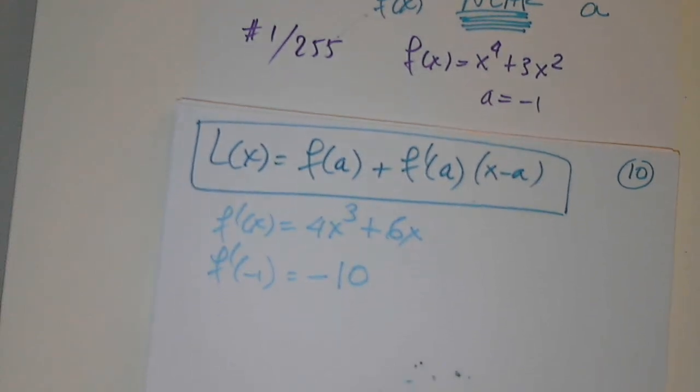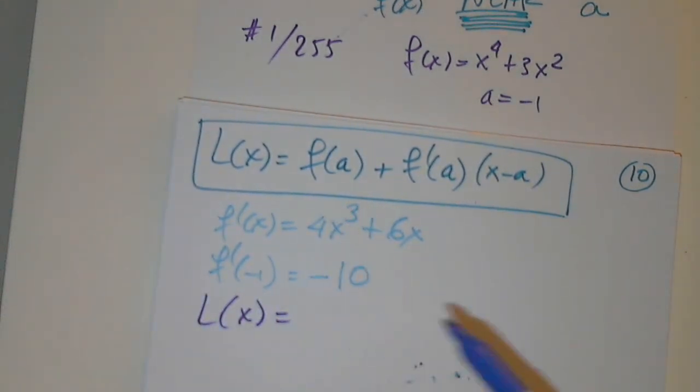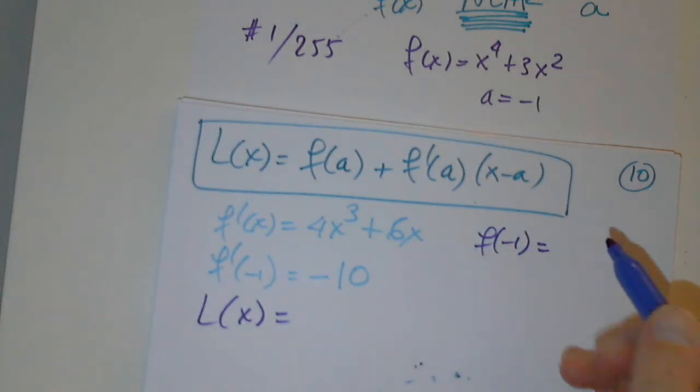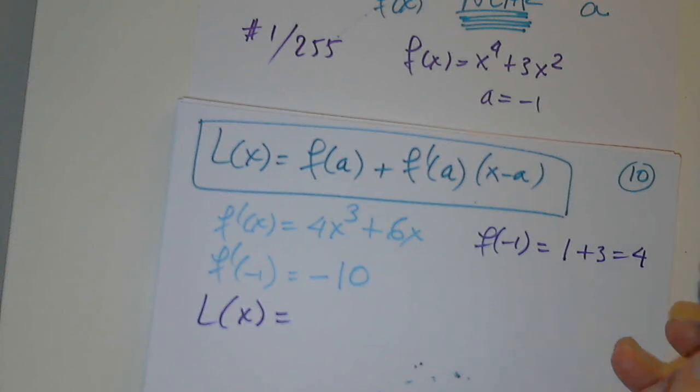Okay, so now the linearization will be f of a. We did not do f of a, so f of a will be 1 plus 3, which is 4. We agree with L of f of -1 as being 1 plus 3 equals 4.